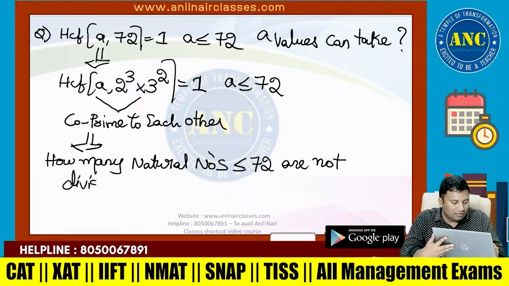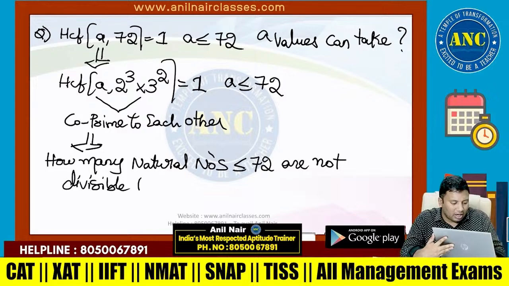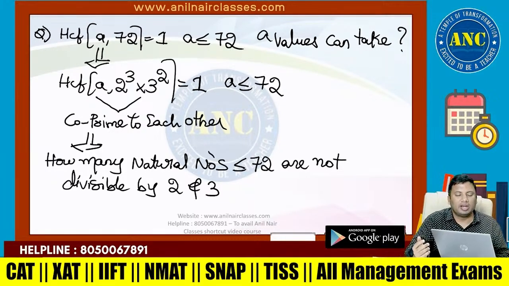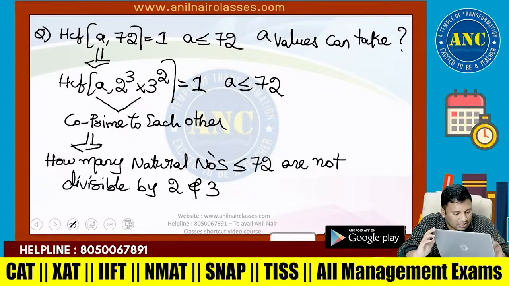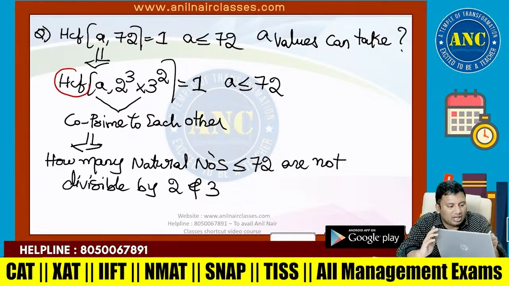Why did the statement become like this? Because HCF of these two numbers is 1. That means A cannot be divisible by 2, A cannot be divisible by 3. Are you all with me?